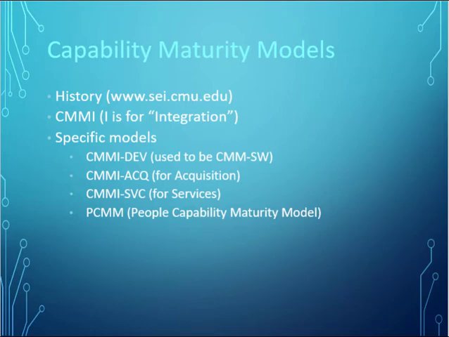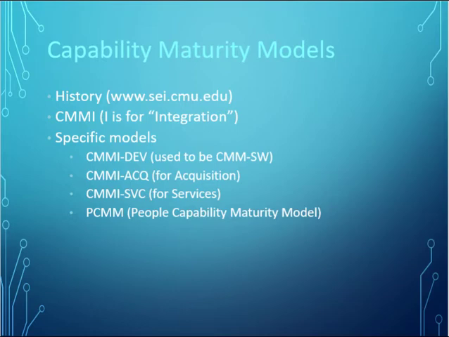And then they can deploy that general framework to a wide variety of areas by adding the stuff that is specific to that area. So now there is CMMI Dev, which used to be the software one, but it has been generalized to not just be developing software, but it's really engineering in general.